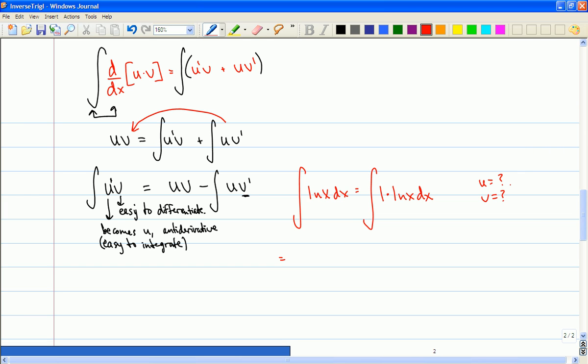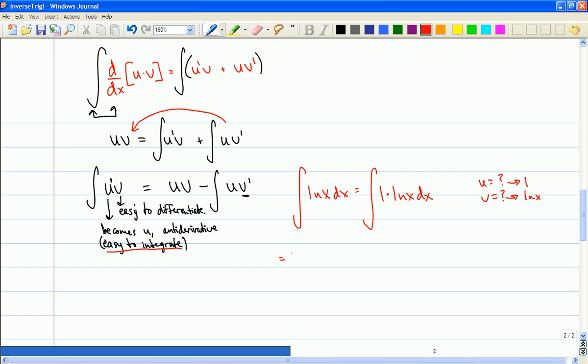So I know this is clearly not enough time for you to grasp this lesson, but u is supposed to be one that's easy to integrate. So we don't want to pick natural log x, that's what we're trying to find, but lucky for us, 1 is easy to integrate. So I'm going to pick 1 as u prime, and v should be something easy to differentiate, which, yes, we already know the derivative of natural log x, so that'll work for us.